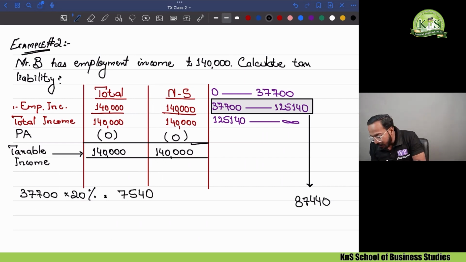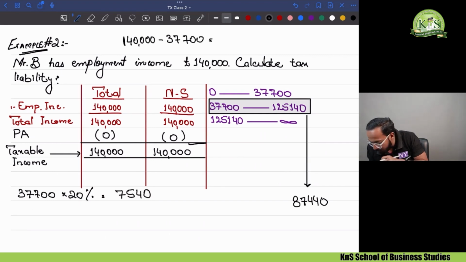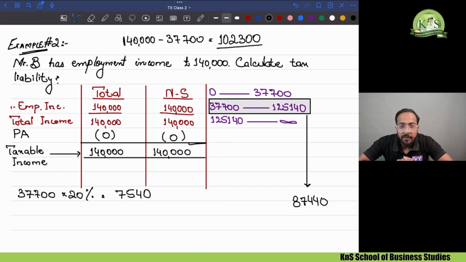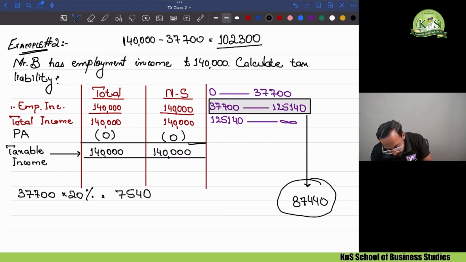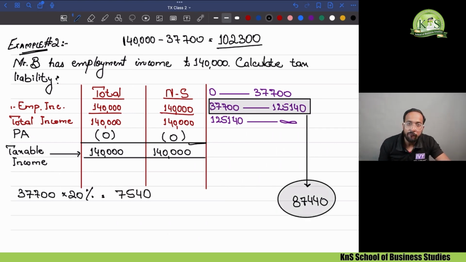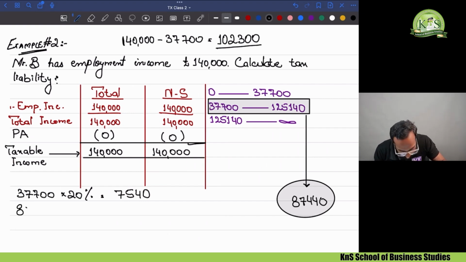Let's do a rough calculation. 1,40,000, of which 37,700 has already been taxed, you will have 1,02,300 left. In the second slab you can only adjust 87,440, so you are adjusting the maximum amount, 87,440. It will go at 40%.